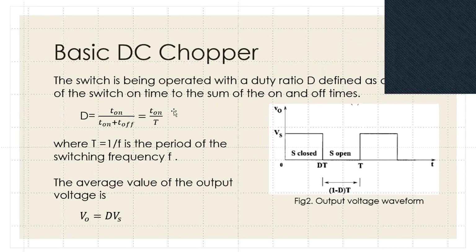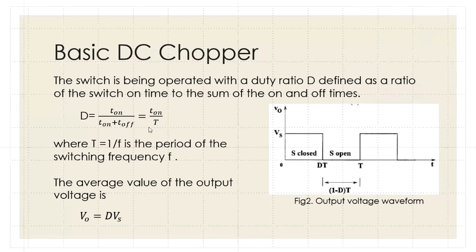Okay, so this is the explanation of the basic DC-DC chopper. Here is how you calculate the duty cycle. You have the time where the switch is turned on and the time for one cycle, one off and one on. So you will have the duty cycle.